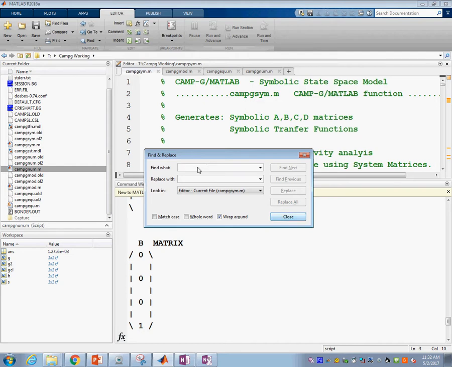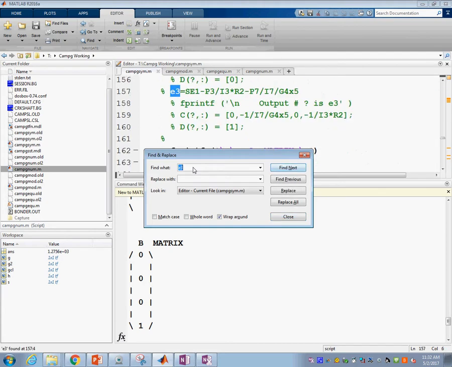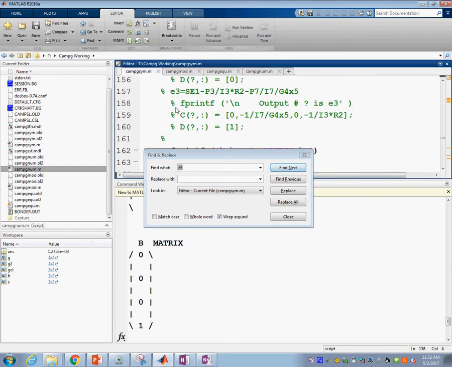One was E sub 3 and the other one was F sub 12, right? So E3, please find it. And it does, it finds this right there. And you say, this is my first output, number 1. Okay, and please initialize the first row of the C and the D matrix.